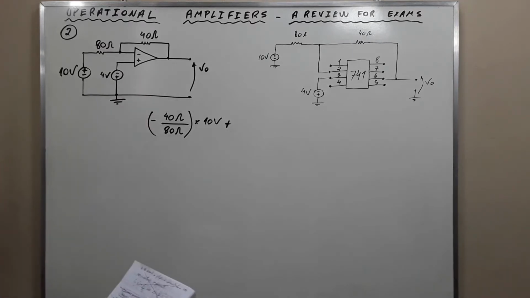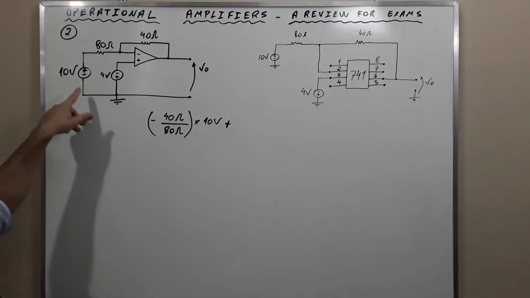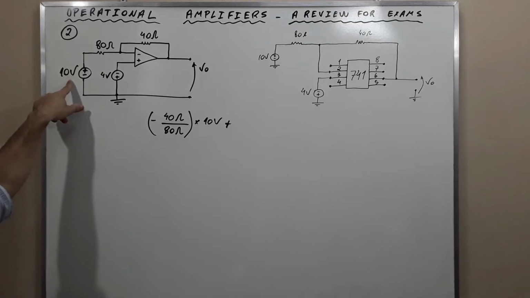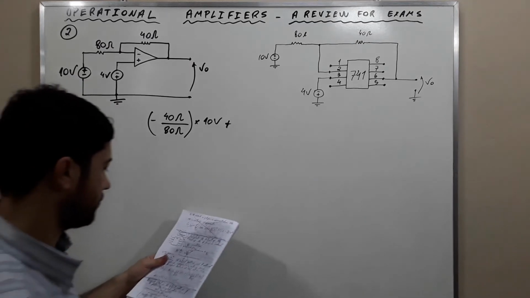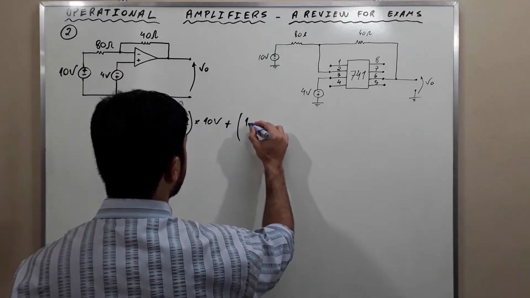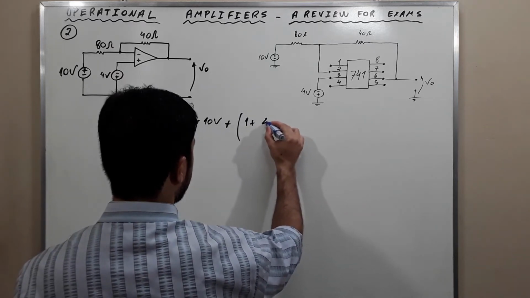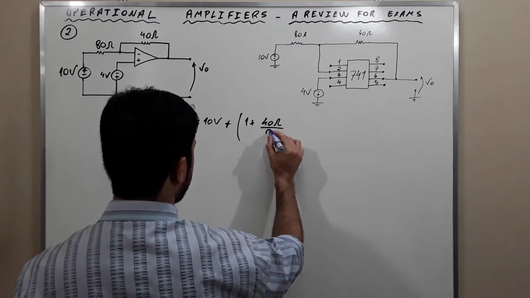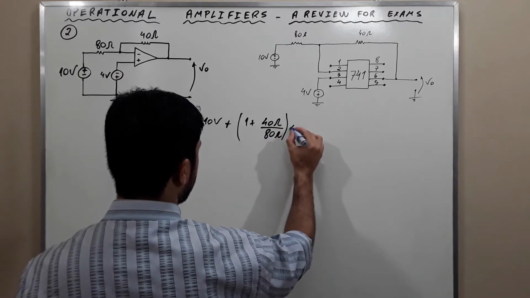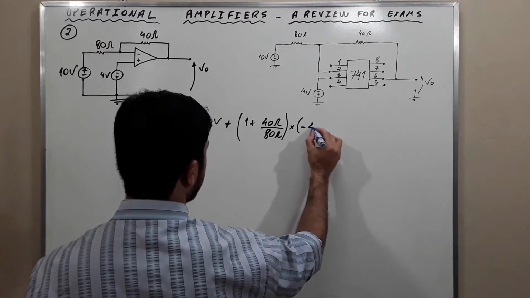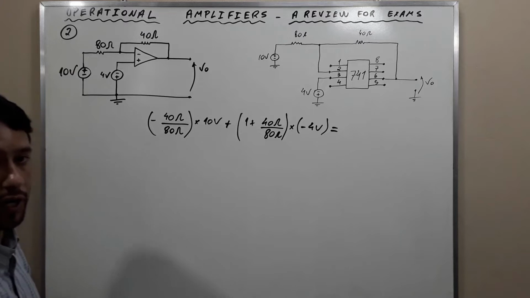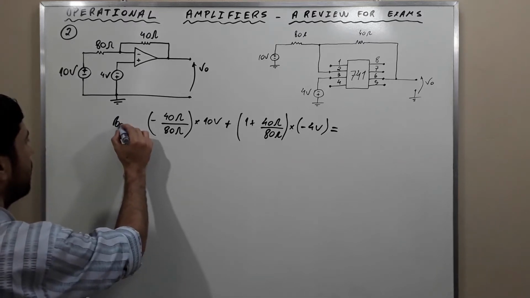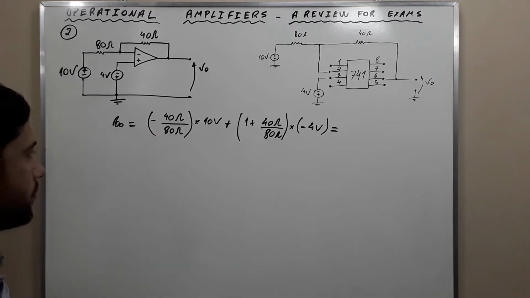Then the output voltage, when only this is on and this is off, is... okay, and this is gonna be the output voltage. Okay.